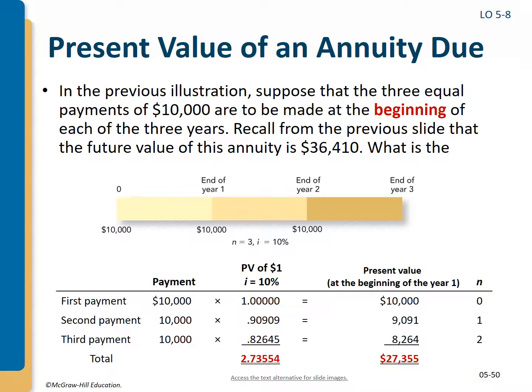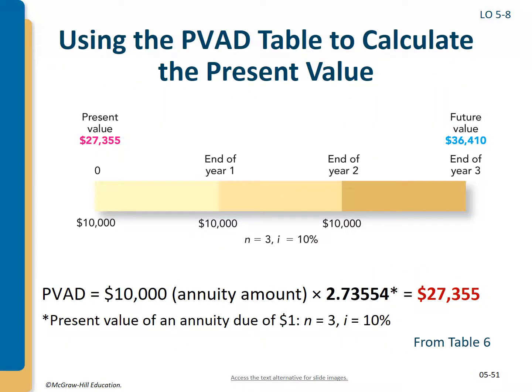That's how much she would have to put in today if she wanted to take $10,000 out a year beginning today. And if you're saying, why would she do that? We're pretending. Why do people do what they do, right? And there's the calculation using the factor directly from the table.